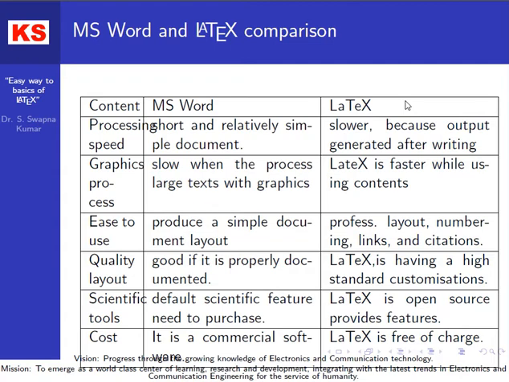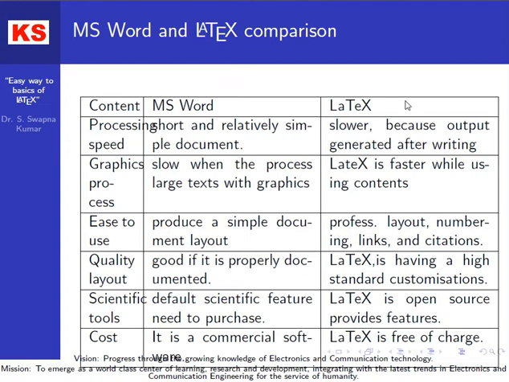Ease of use: Word is easy to use and produces simple documents with reasonable layout. However, automatic numbering, links and citations require some time. On the other hand, LaTeX provides a professional layout, and automatically produces numbering, links and citations. So that is well structured.